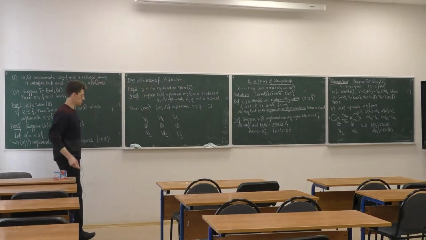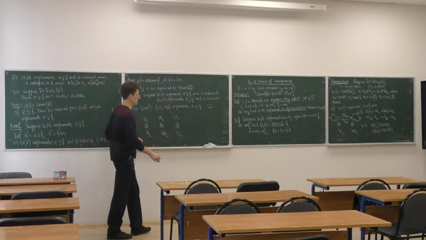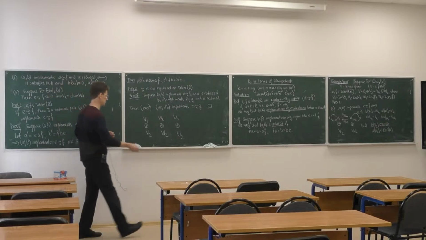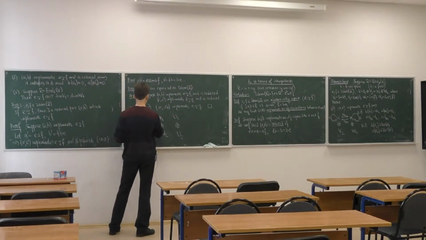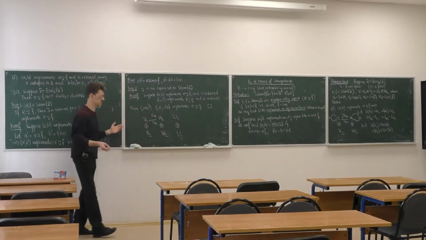Well, we have a reduced pair AB, which implements an equivalence between E and F, and by this exercise, it is equivalent to a pair of operators A and B, such that their restrictions to the respective subspaces are inverse to each other. So this composition is the identity map, this composition is the identity map, and here they act as zero maps.